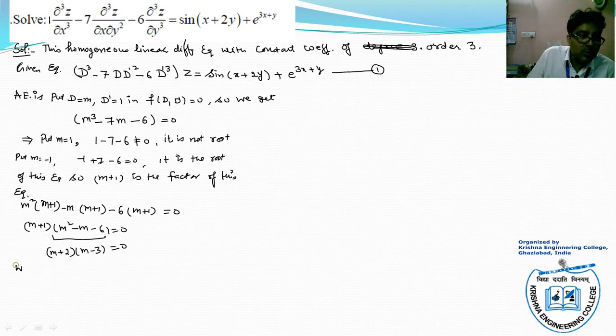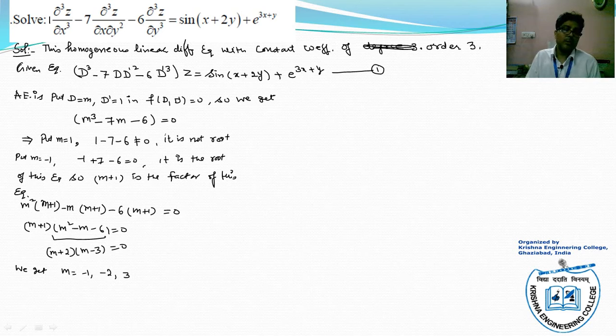So we get roots m is equal to minus 1, minus 2 and plus 3. All roots are distinct.